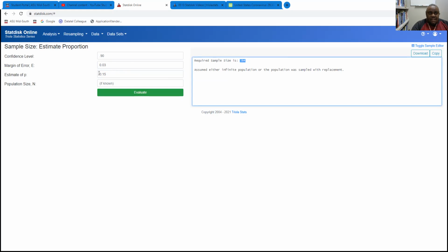So now we can answer part C. And here I'm going to delete this to get the other 752, which was part A. And of course, click evaluate. When I type in that 0.15, you'll see that the sample size has decreased.